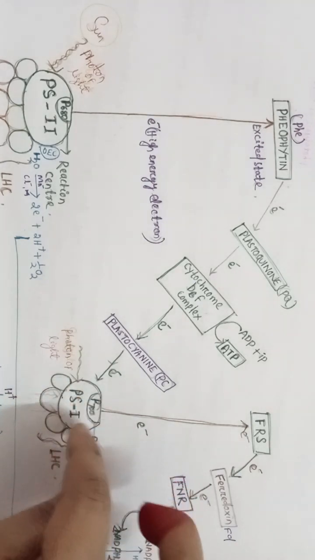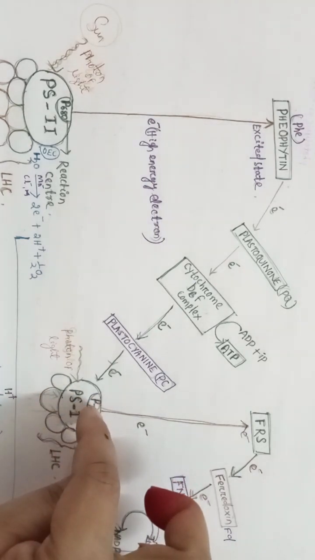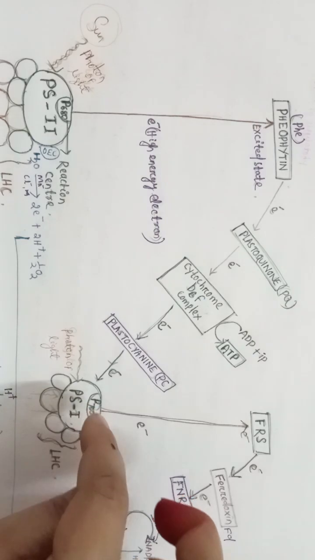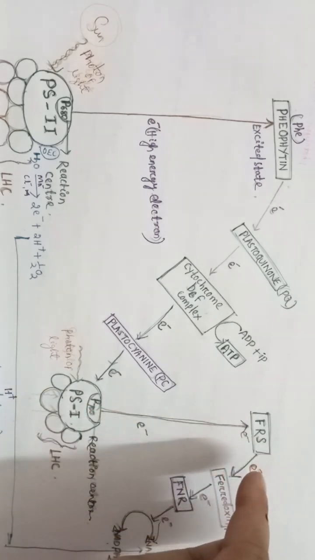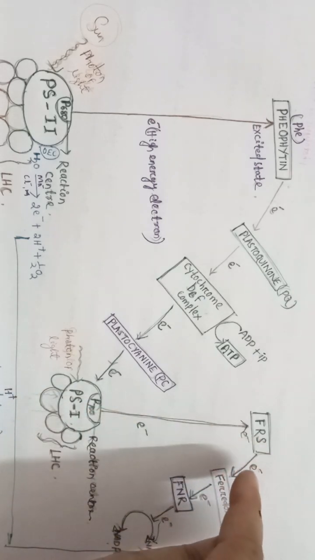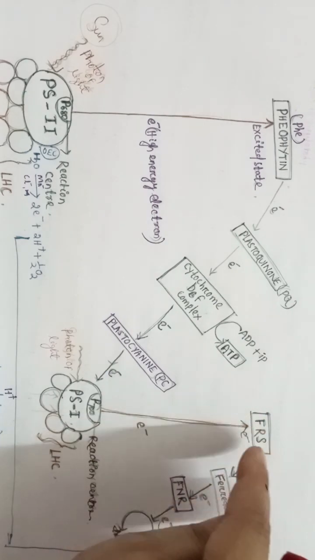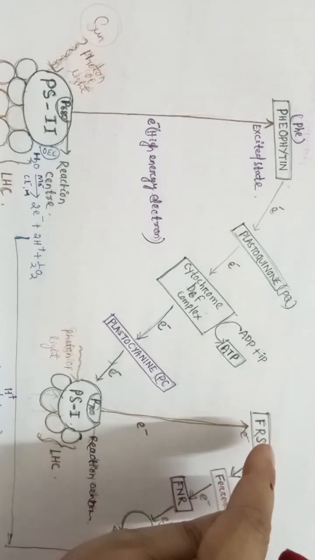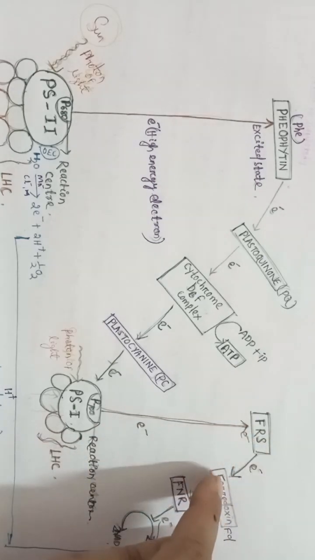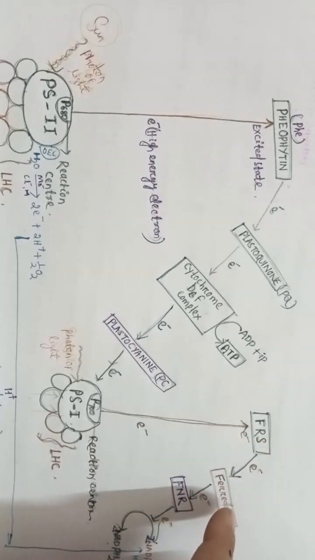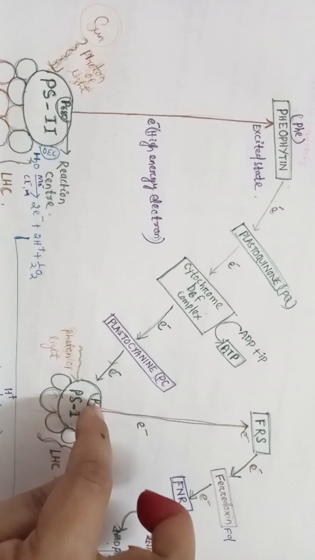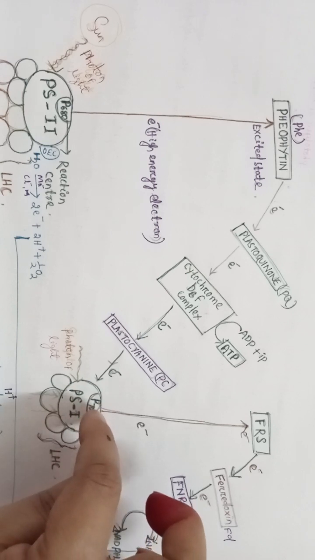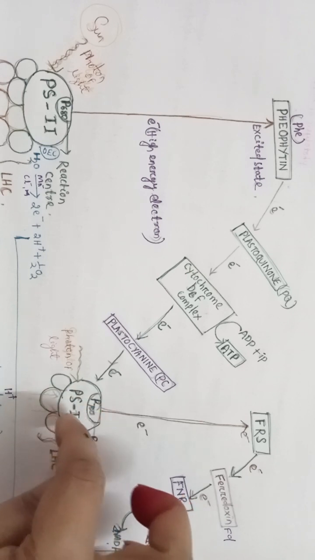The reaction center of photosystem 1 is P700, and the electron which is transported from FRS to FD, that is pyridoxine reducing system to pyridoxine, each comes from the reaction center of photosystem 1.